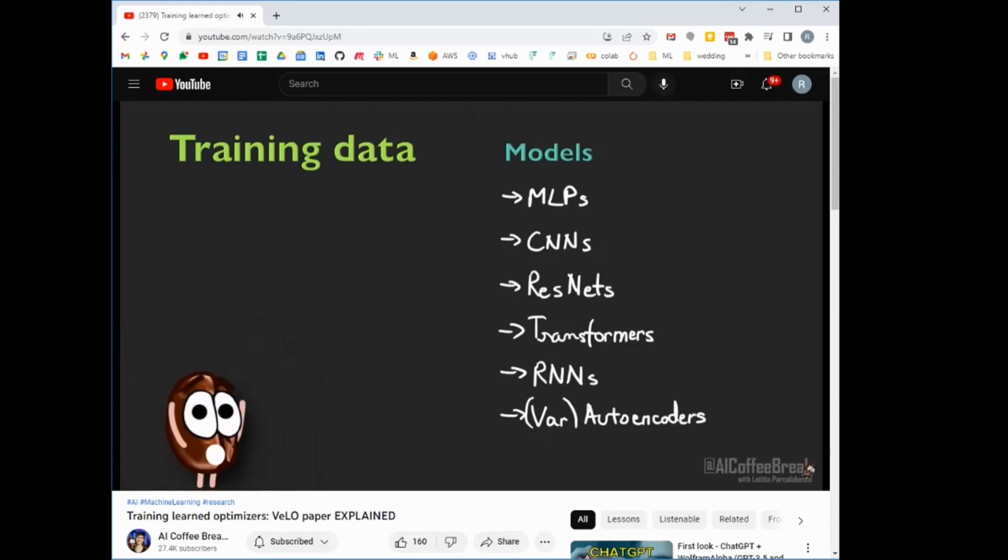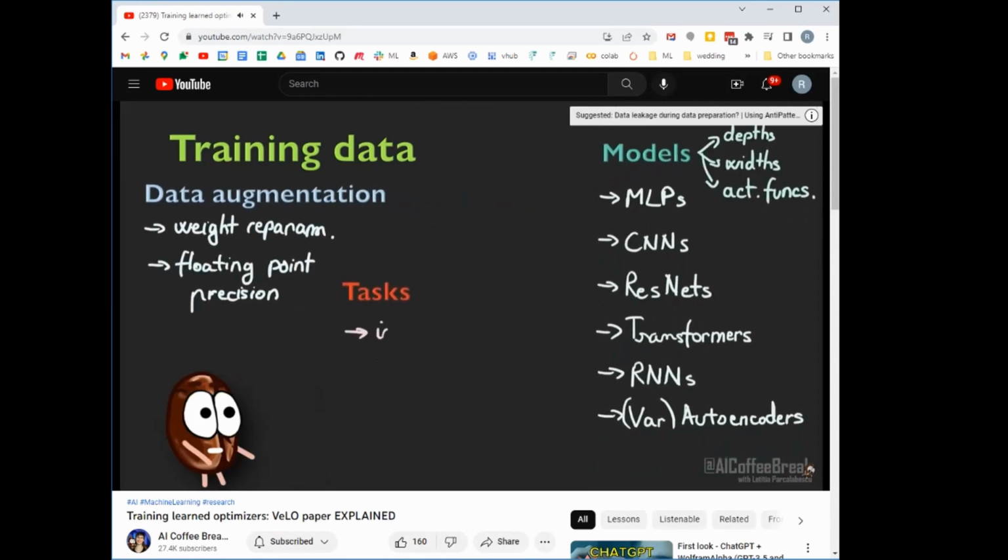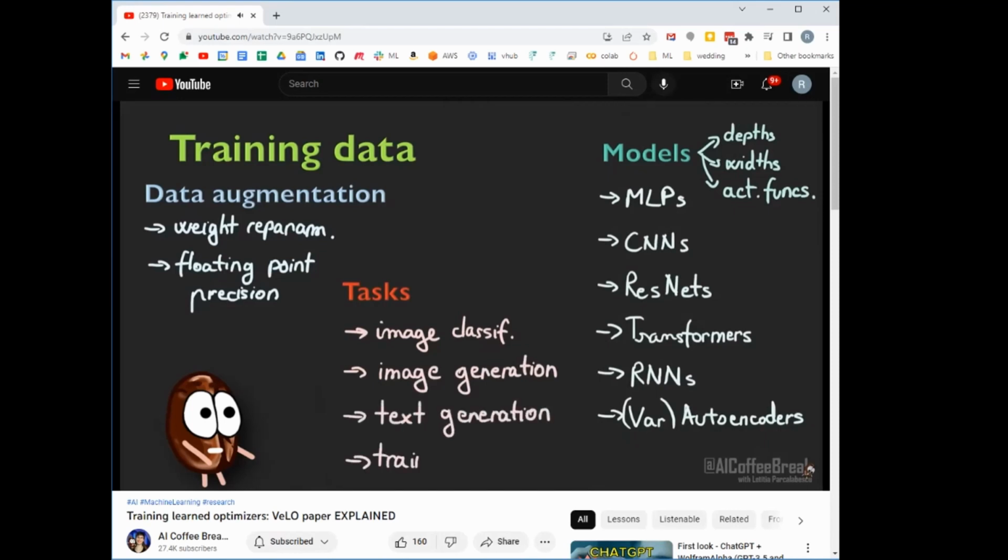And these all have different depths, layer widths, and activation functions. To augment the data, the authors even do things like reparameterizing the weights or changing the floating point precision. These models are to be trained on tasks ranging from image classification to image generation, text generation, and training learned optimizers.